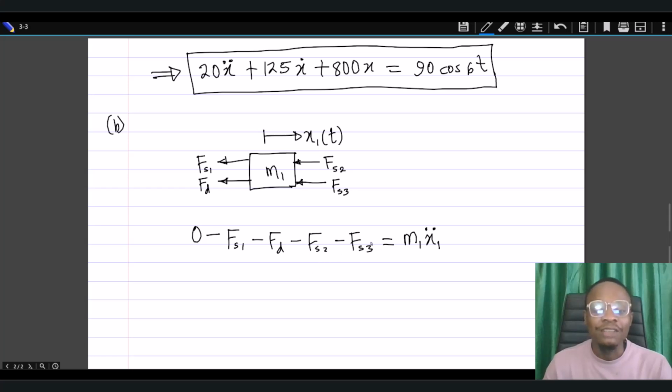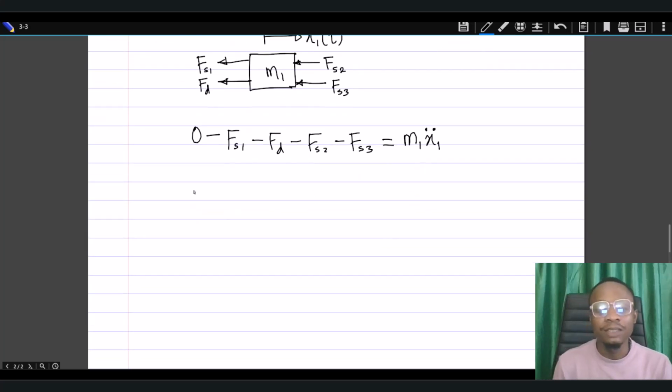By the time we tidy this up, we have M1 x1 double dot, plus Fd, which we know will carry some x1 dot, plus Fs1, plus Fs2, plus Fs3.